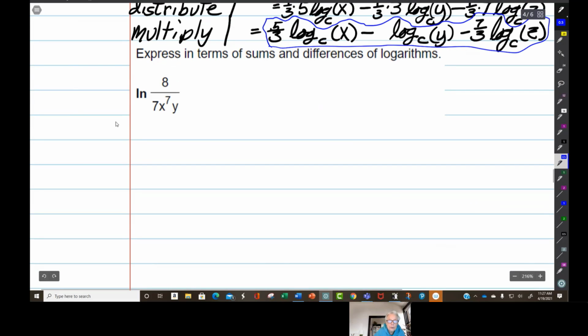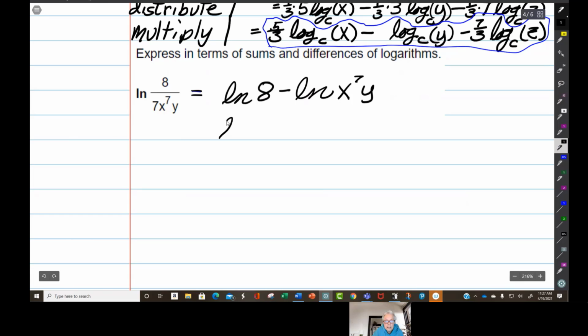Well, you can certainly do this, but it's ln, so let's just do this. We'll have the ln of 8 minus the ln of x to the 7th y.